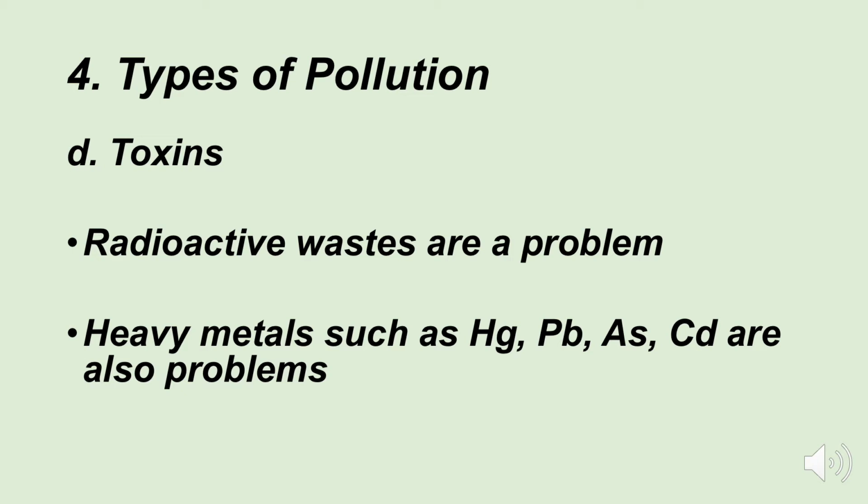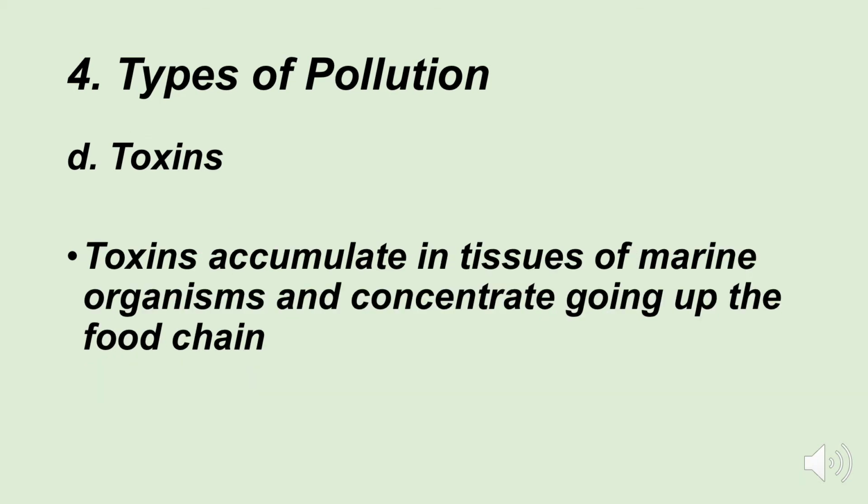We also find them in areas of the ocean at elevated levels, and these elevated levels basically came from the land. The problem with these toxins is that our smallest organisms, the plankton in the oceans, pick them up.